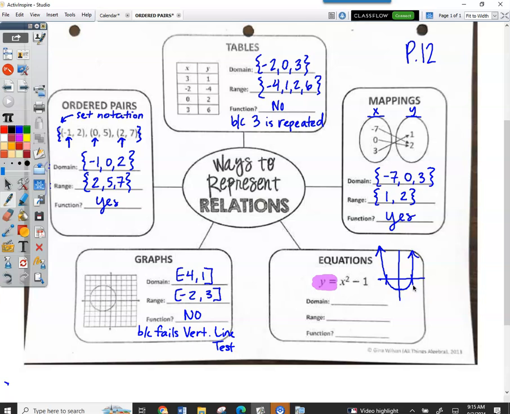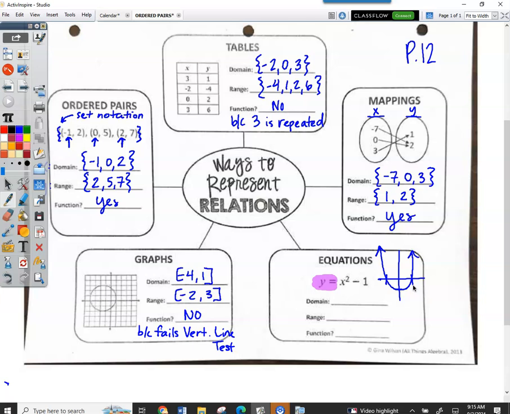The domain is all the x values covered. What do you notice it's going to cover? Domain is the x values. Imagine me coming in with a highlighter and shading the parts of the graph that it's covering.